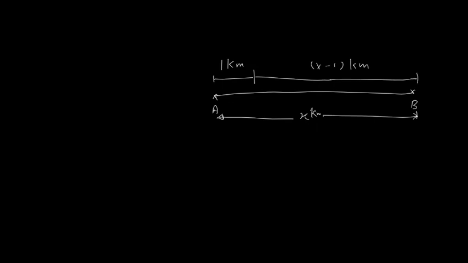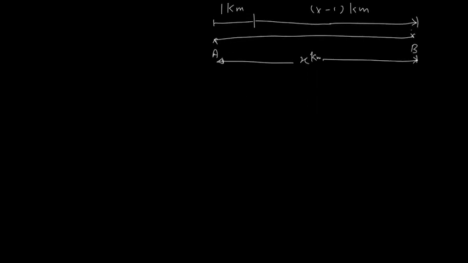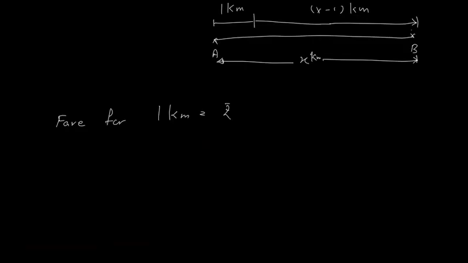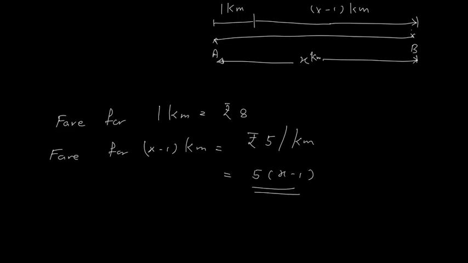Now here fare for 1 kilometer is fixed, which is rupees 8. Fare for x minus 1 kilometer is rupees 5 per kilometer, that is 5 into x minus 1.